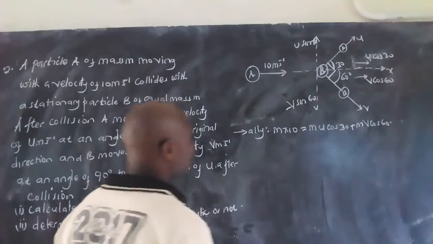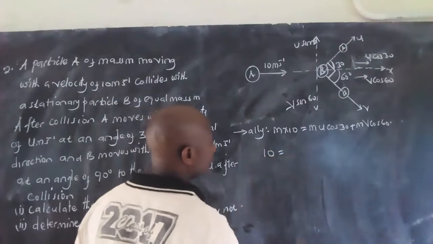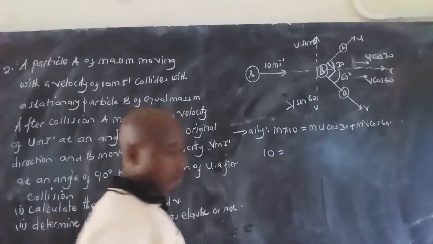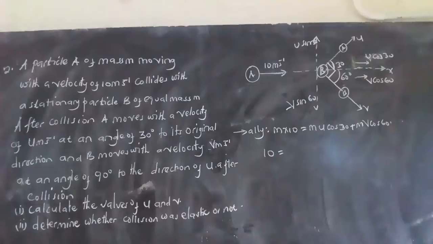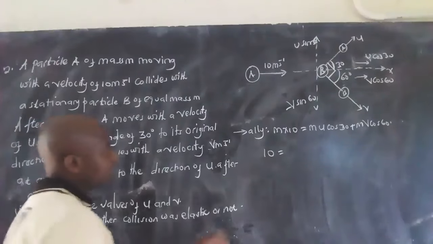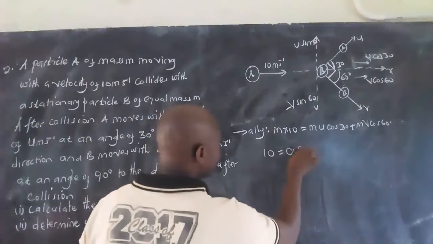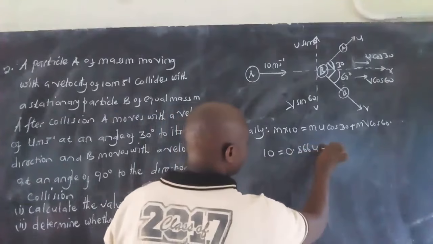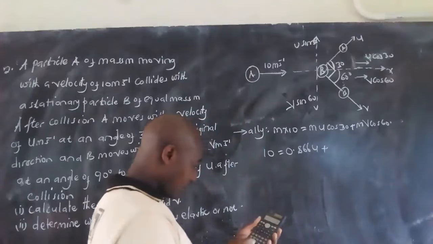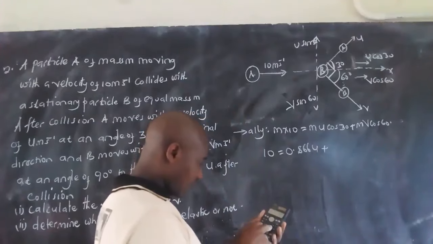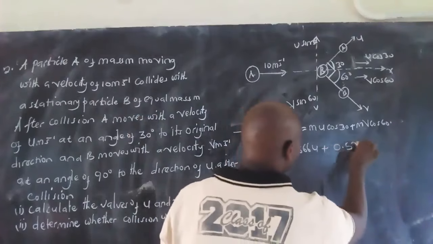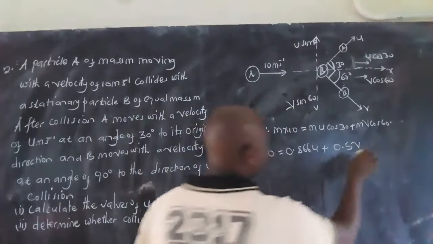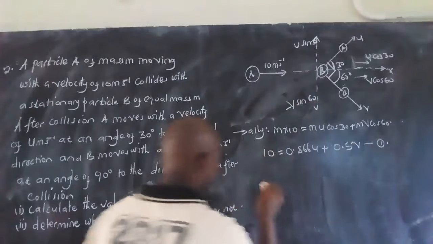So m will cancel. 10 is equal to u cos 30 plus v cos 60. Now, cos of 30 is 0.866, so it is 0.866 u plus, what is cos of 60? It's a half, 0.5 v. So this is equation 1.